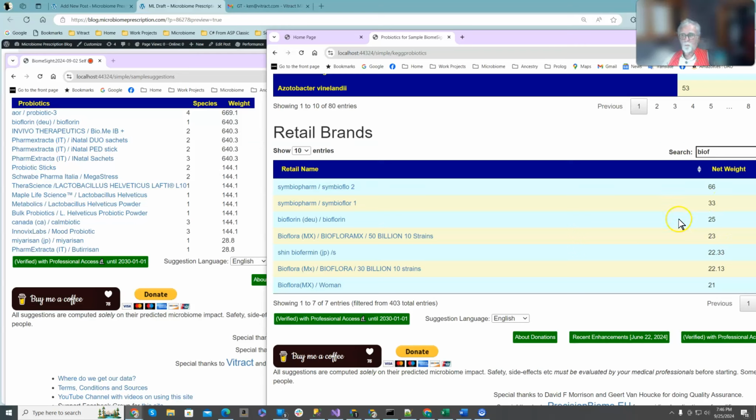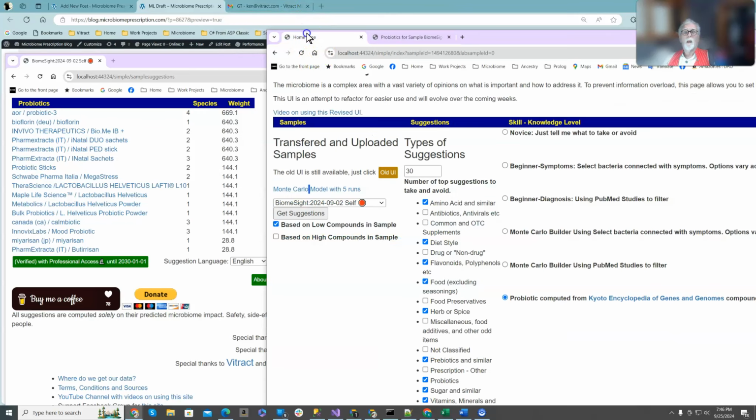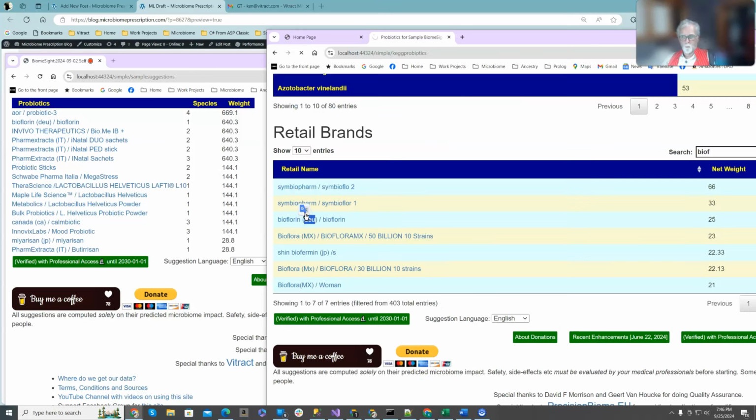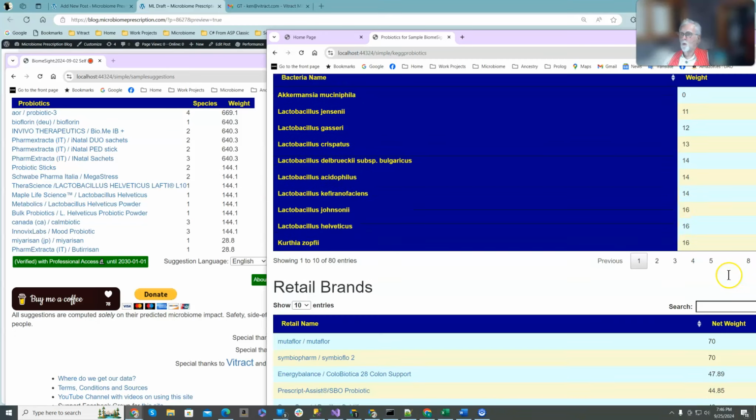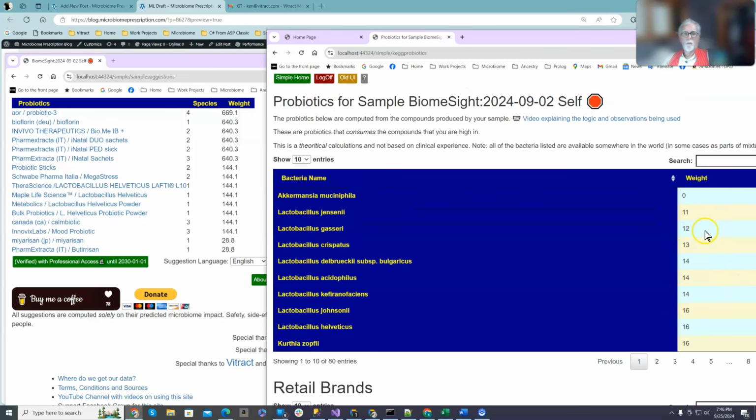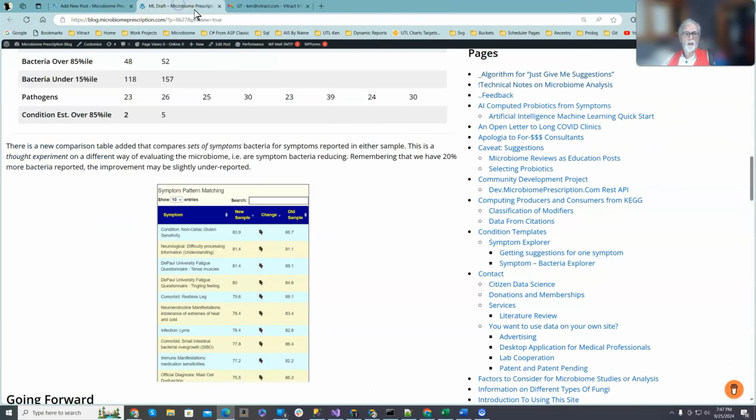In other words, if I go back to our page where we have that, and if I just do consumers and get suggestions, we see we have E. coli up at the top, a couple others, but we see some of the others actually have no impact or zero impact or low value. So in some cases I will see negative numbers here. Okay, so let's go in and finish up.